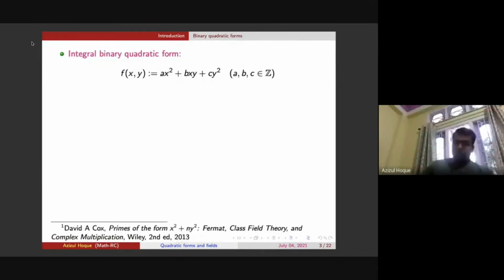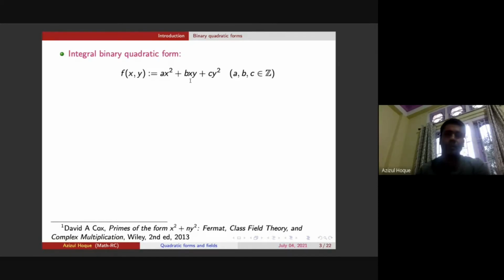This is the standard form of a binary quadratic form: ax square plus bxy plus cy square, where a, b, and c are integers, and thus the term integral binary quadratic forms.